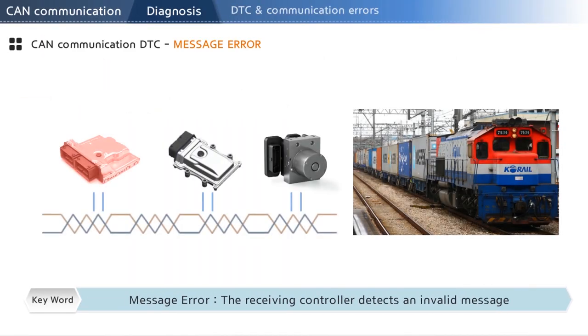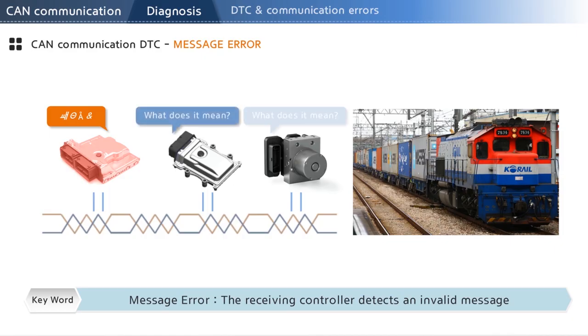Message error is a DTC generated when the received data is invalid. It is detected only by the controllers that require that specific data, not by the transmitting controller. Back to the analogy. This is when you discover that the train in your platform is not your train.